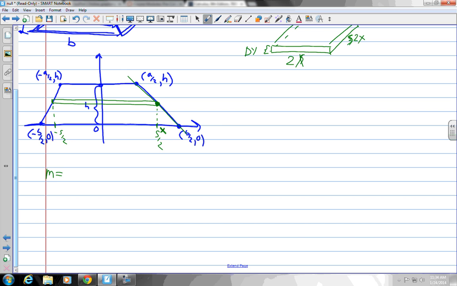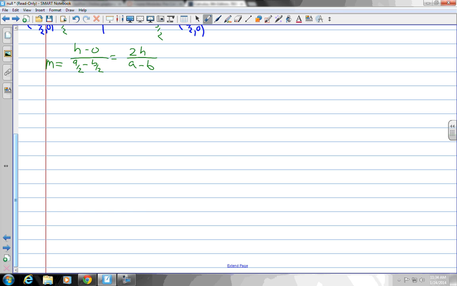Here are the 2 points. So you want to go h minus 0, then it's over a half minus, like that? Yeah, so you can say it's 2h over a minus b, right? So that's the slope. Are we okay with that?